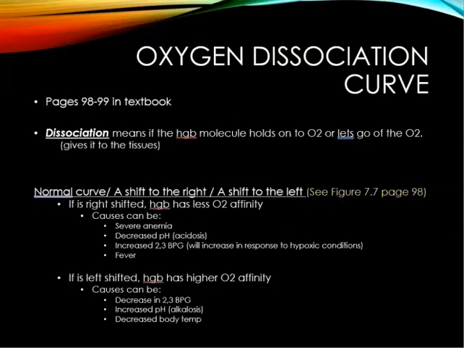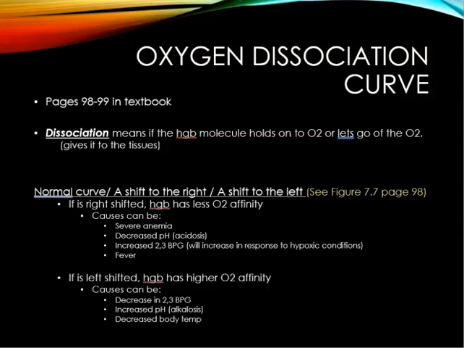The next concept we need to talk about is the oxygen dissociation curve. When we run our samples on an automatic analyzer, we map out our results on a chart or a graph. A dissociation means that the hemoglobin molecule holds on to the O2 or lets go of the O2.